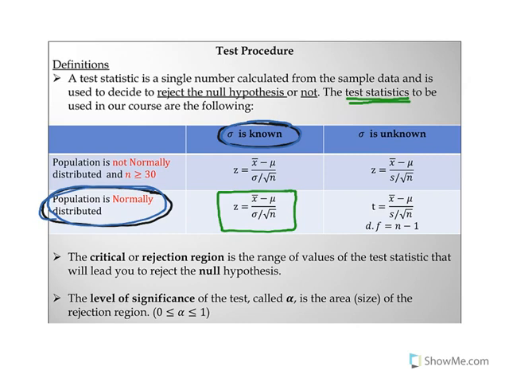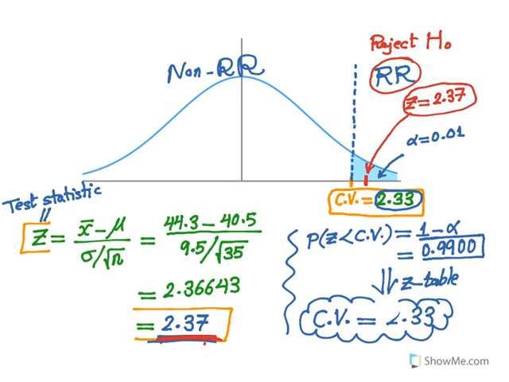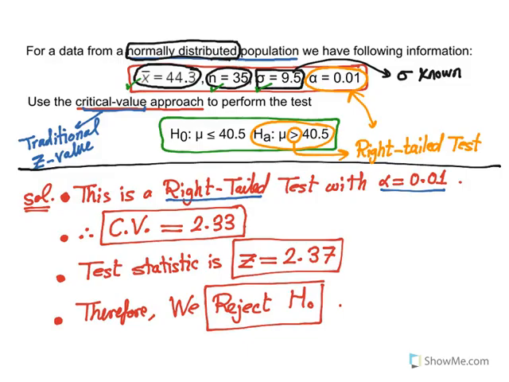The type of test and the level of significance will allow you to find the critical value, and the given in the question will allow you to find the test statistic. And then you compare them. And we saw that we compared, and we got that we need to reject the null hypothesis in this case. And so I will stop here.